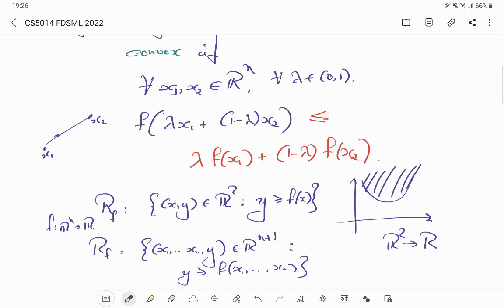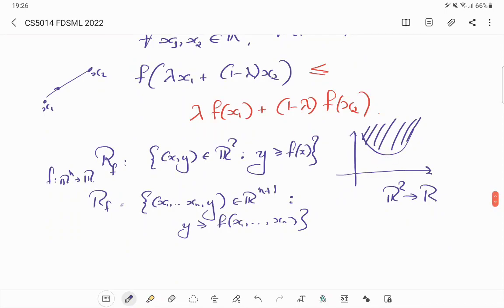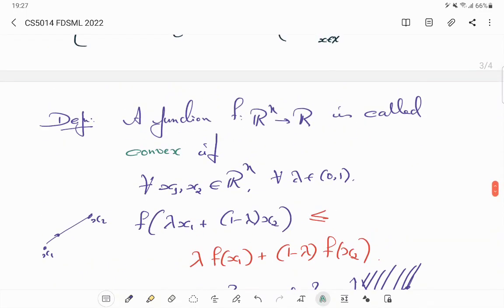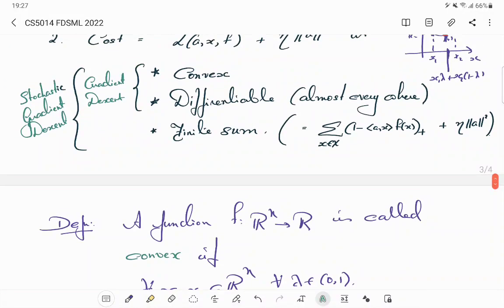The intuition is that this set is convex: if you join any 2 points in this set, the line segment joining them is entirely inside that set. So f being a convex function somehow corresponds to this set being a convex set. Maybe that is why the word convex is used in both cases, but as I told you, I'm guessing here, and maybe there is another deeper reason which I do not know.